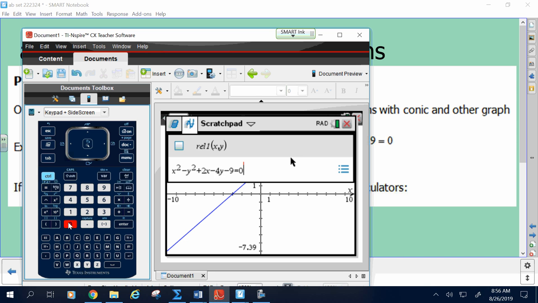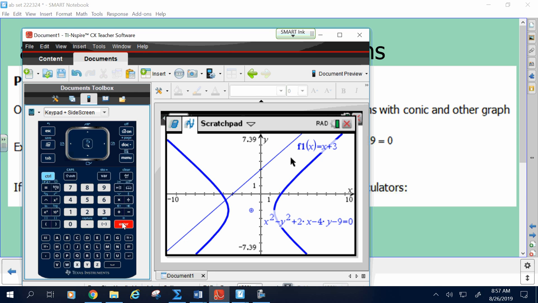Equals is up below the control button. If you hit enter, you got your graph. You cool? Does your graph look something like that?